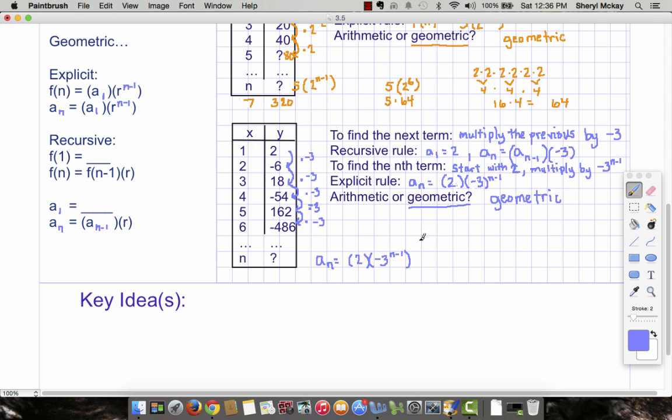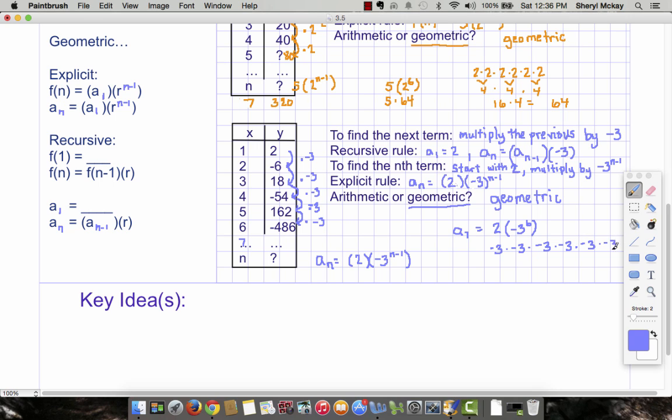Let's try out our seventh term. If we said a sub 7, then that would be equal to 2 times -3 to the 7 minus 1, so to the 6th power. So -3 to the 6th power times 2. So let's see, -3 times -3 times -3 times -3 times -3 times -3.